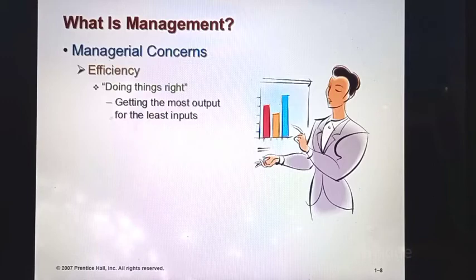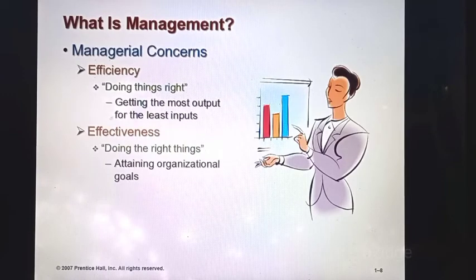So managerial concerns are efficiency. Efficiency, or being efficient, is doing things right. It is getting the most output for the least inputs. And effectiveness, on the other hand, is doing the right things, which is attaining the organizational goals.